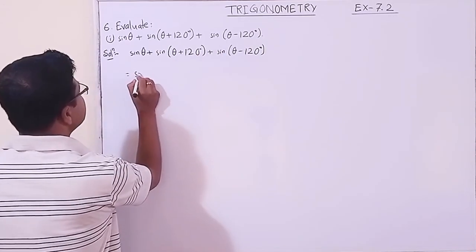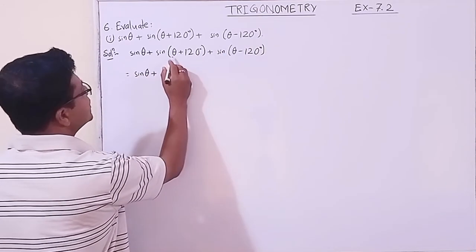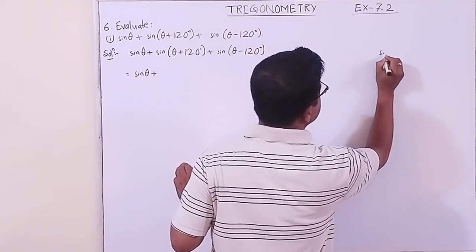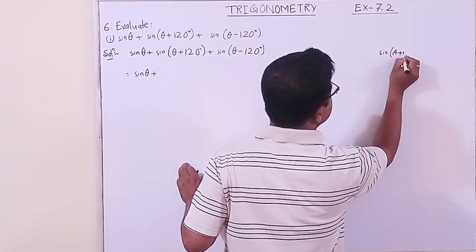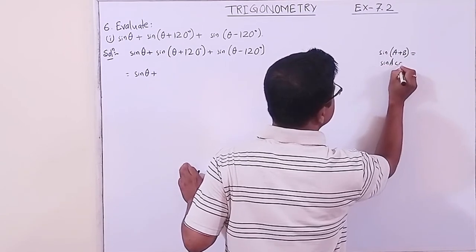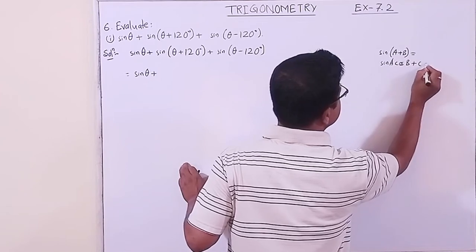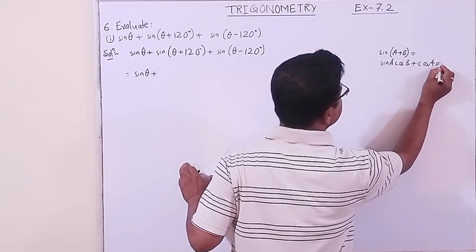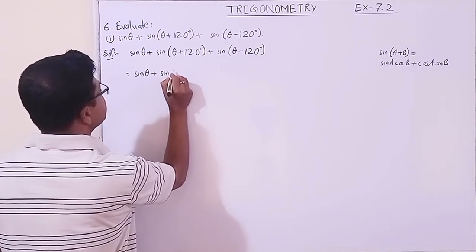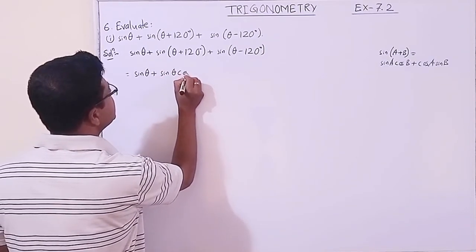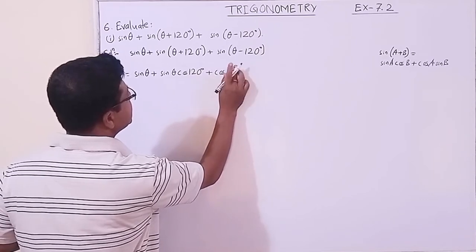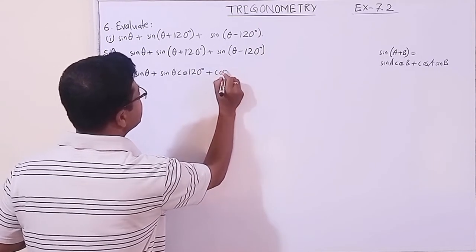At first this is sin theta. Now this is of the form sin(a plus b). What is sin(a plus b)? I'll write the formula. Sin(a plus b) is equal to sin a cos b plus cos a sin b. So this is sin theta cos 120 plus cos theta sin 120, a means here theta.